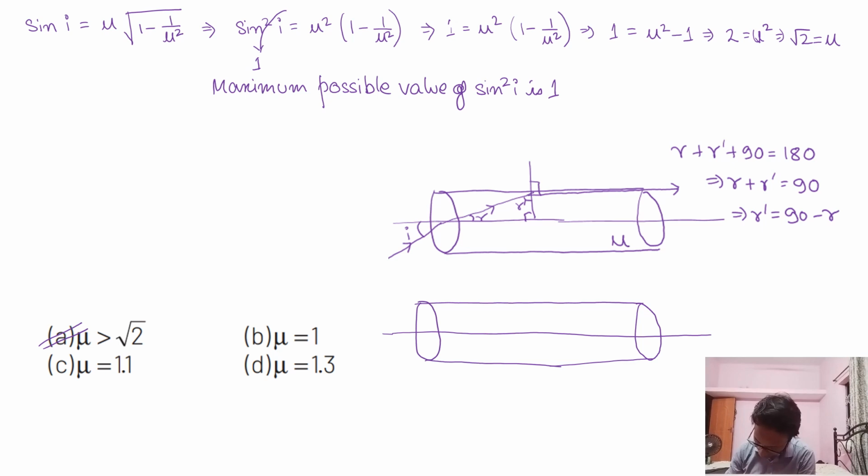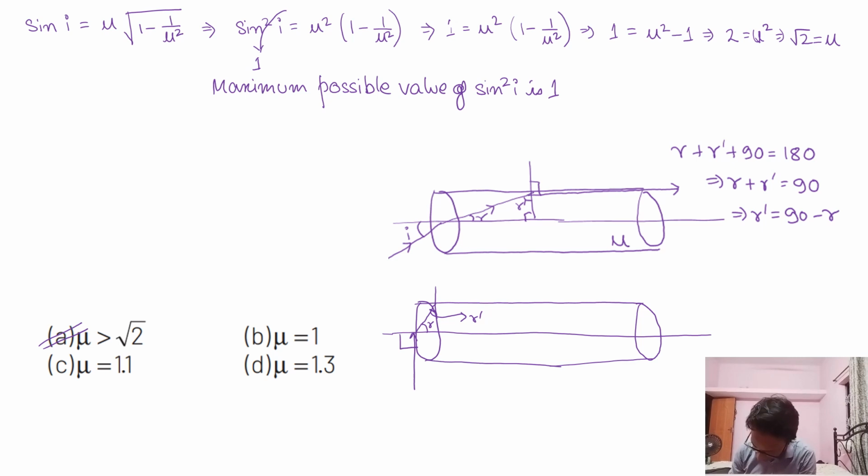So I must keep the maximum value of r, and to get the maximum value of r, I have to keep the maximum value of i. What is the maximum value of i possible? The maximum value of i possible is 90 degrees. And what would happen? I would get the maximum possible value of r. That means r would also be maximum. And if r is maximum, this r dash out here would be minimum.